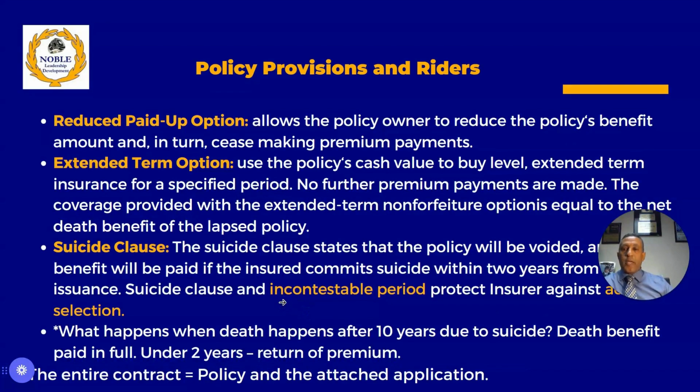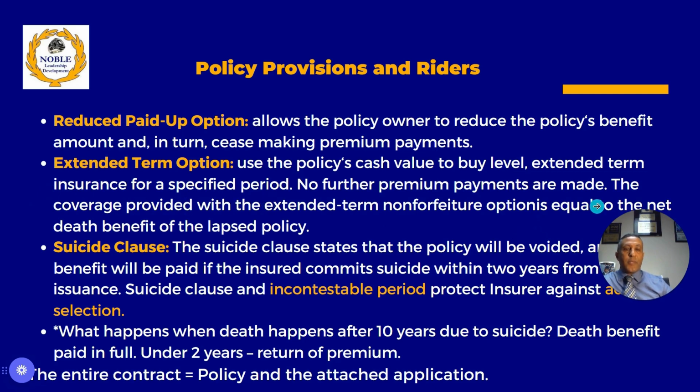A reduced paid-up addition allows a policy owner to reduce a policy benefit amount in return for no longer making premium payments. Instead of stopping premium payments, a reduced paid-up option is used. The extended term option uses policy cash value to buy level extended term insurance for a specified period.